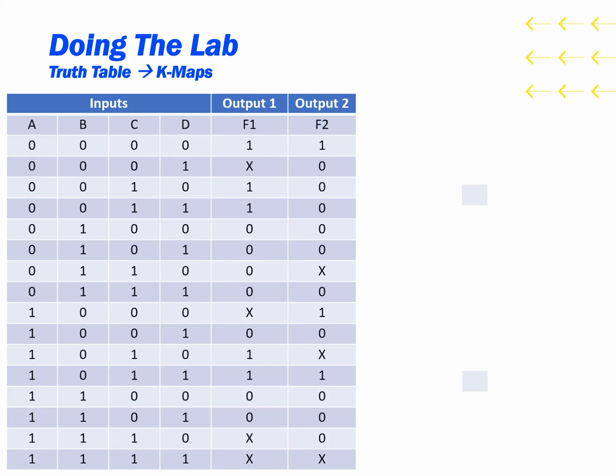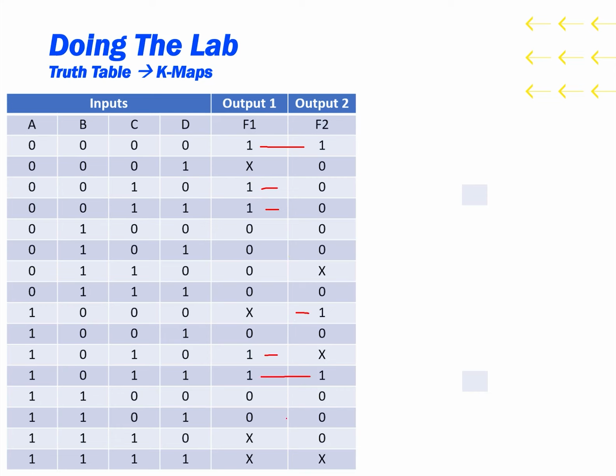This lab is to create a circuit that represents a 4-input, 2-output truth table. Remember that to create a logic function from a truth table, we can just go to all of the rows that output a 1 and create a term for it. So we need one term here that can be shared between the two outputs, another one here, here, here, here.